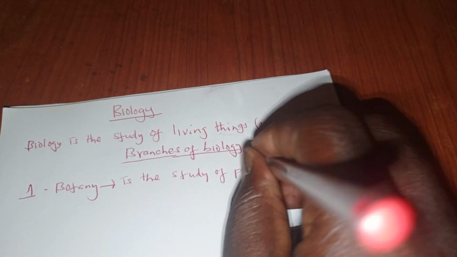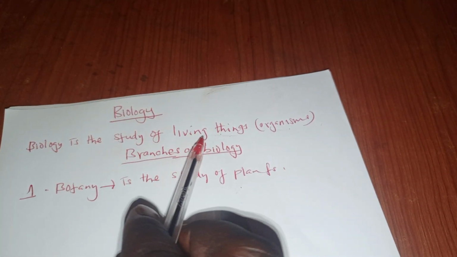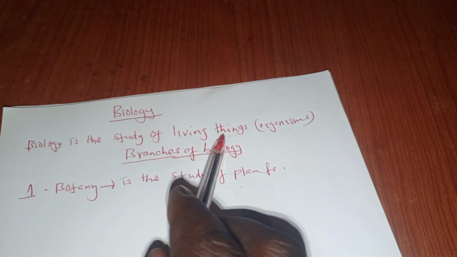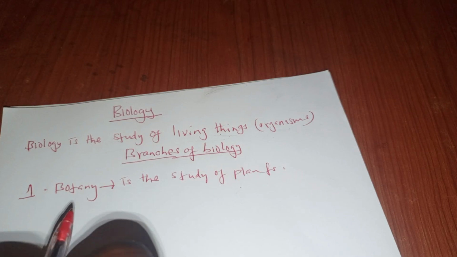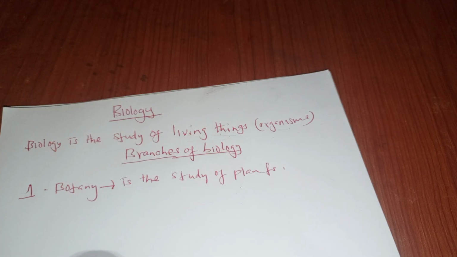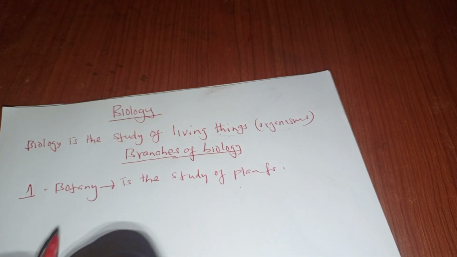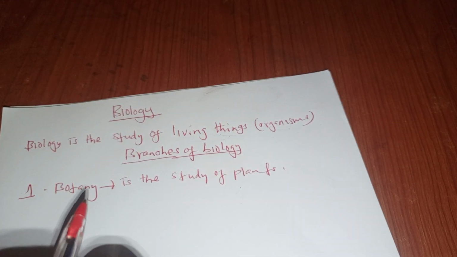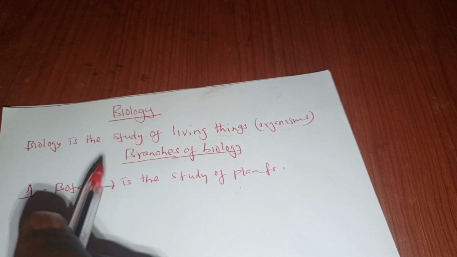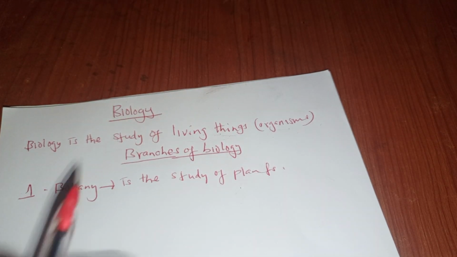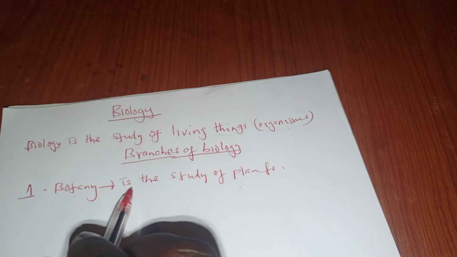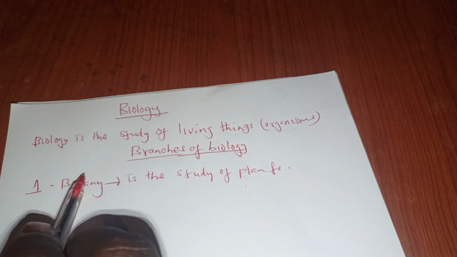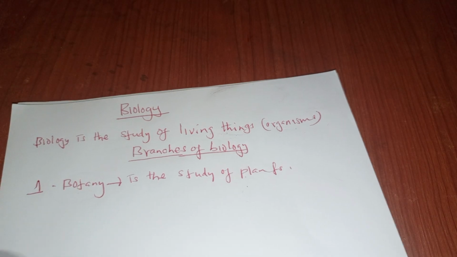Remember, we said that biology is the study of living things, organisms. Even plants are part of living organisms. Good examples of living organisms are plants and also animals. Animals include monkeys, human beings, rats, cockroaches, etc. All those are living things. Plants include examples like mango and guava plants. Even grasses are in the category of plants. So botany is the study of plants, and it is one of the branches of biology.